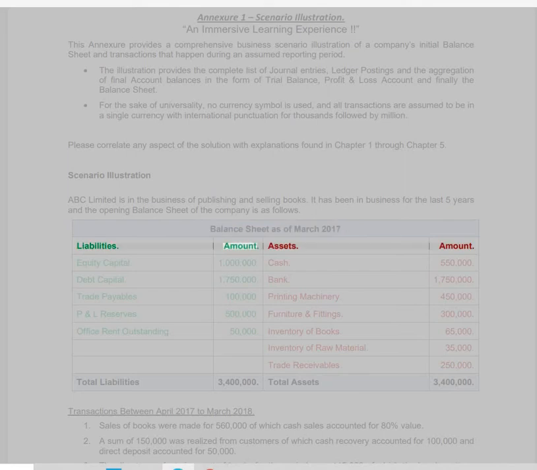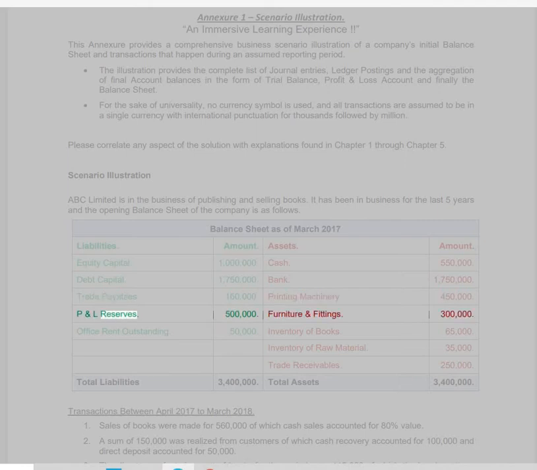Liabilities, Amount, Assets, Amount. Equity capital, 1 million. Cash, 550,000. Debt capital, 1,750,000. Bank, 1,750,000. Trade payables, 100,000. Printing machinery, 450,000.